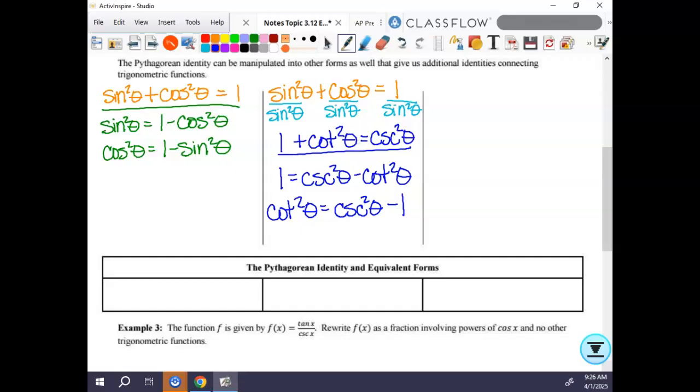All right. And so then we have, let's do one more. So let's write down our orange one again. Sine squared theta plus cosine squared theta equals 1. This time I'm going to divide everything by cosine. Divide each one of these by cosine squared theta.